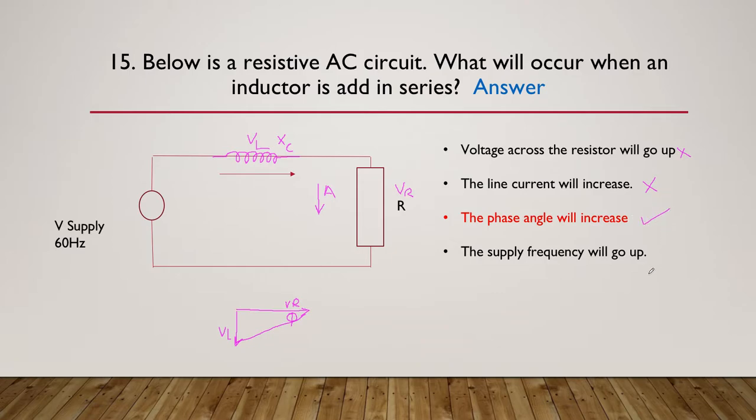And the supply frequency will go up? Well, no, the supply frequency obviously is going to stay at 60 Hertz. It's not going to change. So with a little bit of elimination and drawing the circuit, and maybe even drawing a little bit of a phasor diagram, you quickly answer the question.